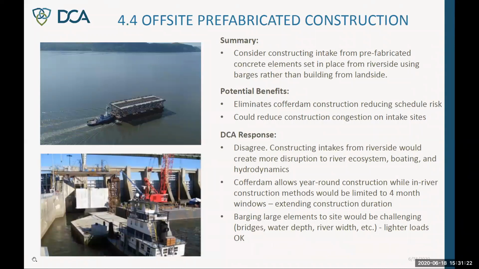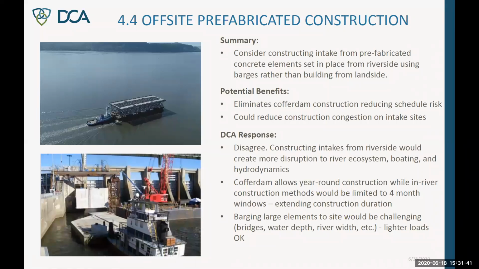The team focused a lot on some off-site prefabrication. So to consider constructing the intake from prefabricated concrete elements and set them in place from the river using barge systems rather than building it from the land side.